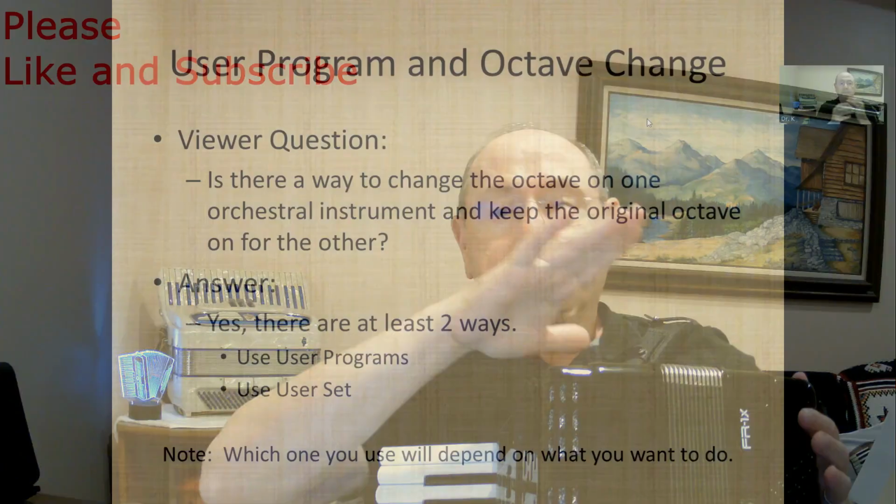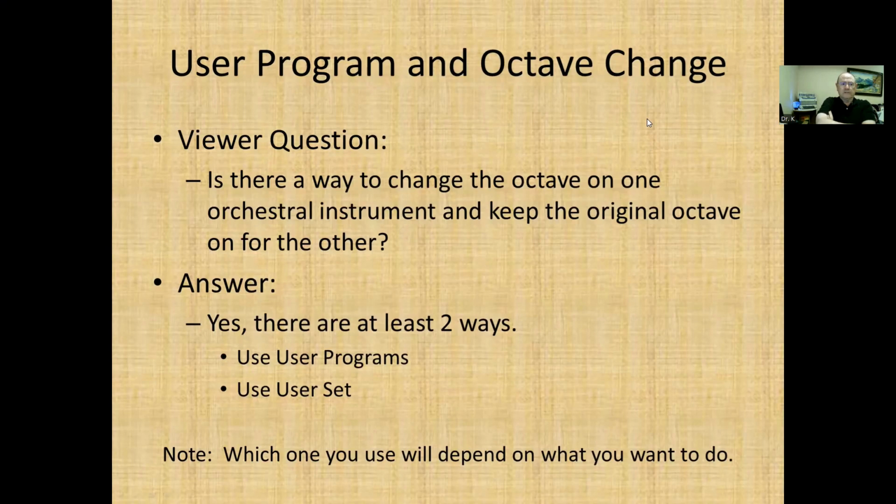But anyway, the viewer's question is, is there a way to change the octave on one orchestral instrument and keep the original octave the same for the other? Well, the answer is yes. There are two ways.